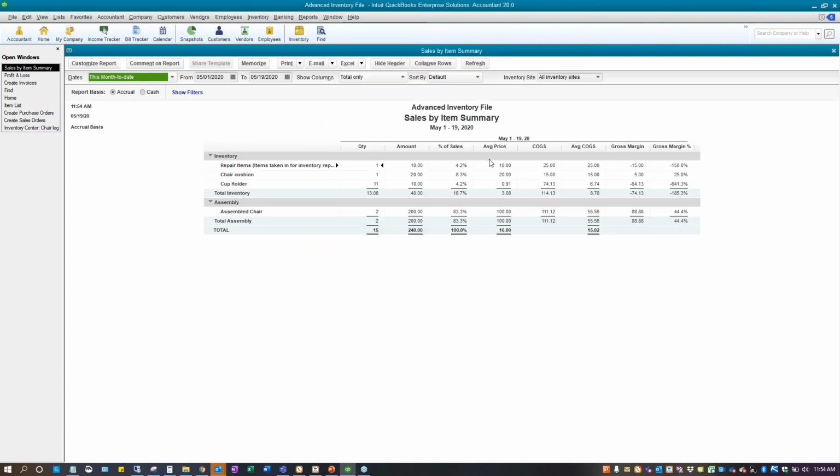So for the summary, you pick a time frame and it tells you exactly how many quantities you've sold, for what amount, gives you the cost of goods sold, the average cost of goods sold, margin, that kind of thing. Great. Thank you, Vicki. And that might be something that is a deeper dive. We can follow up after the webinar as well.